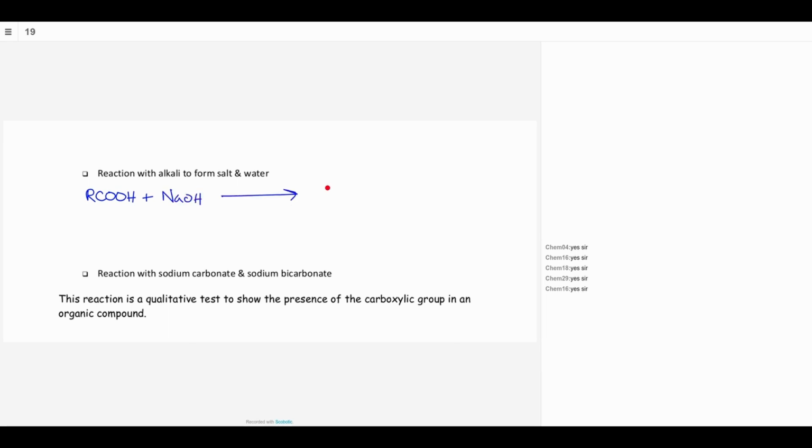Like any other acid-alkali neutralization reaction, this produces salt and water. Let's copy the reaction.